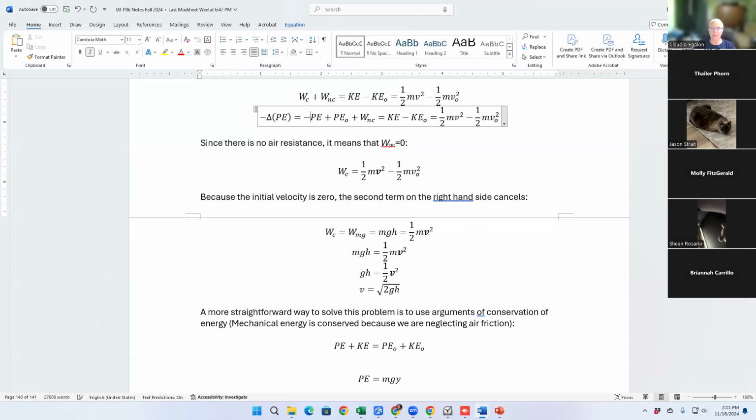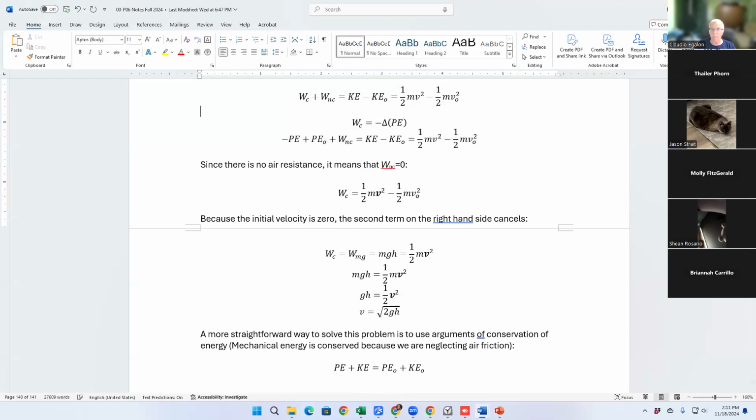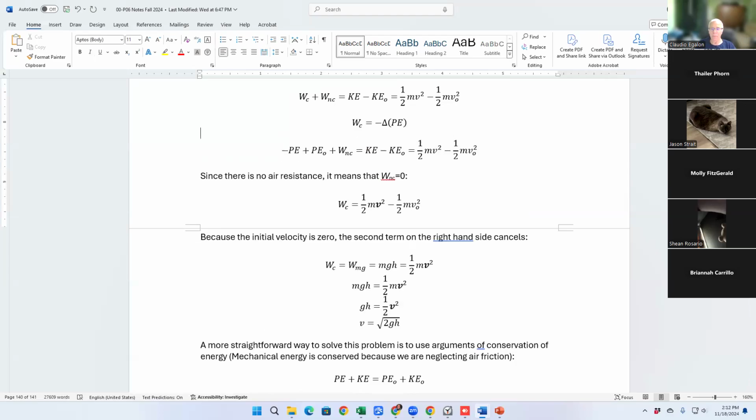And we have a negative sign here. Work of the conservative force.